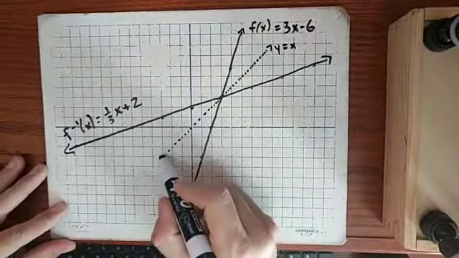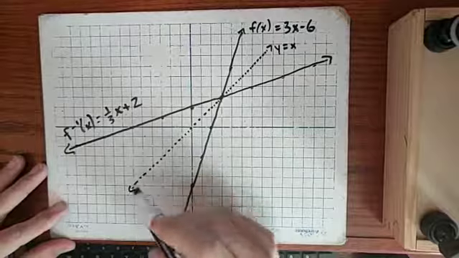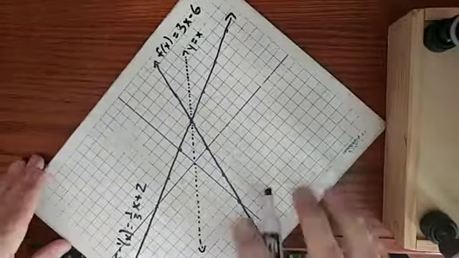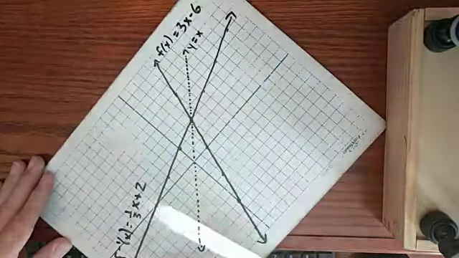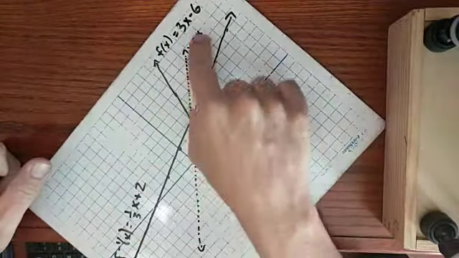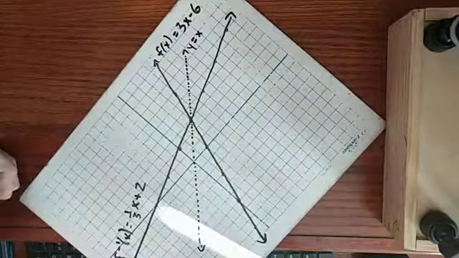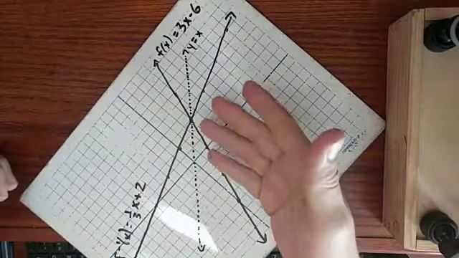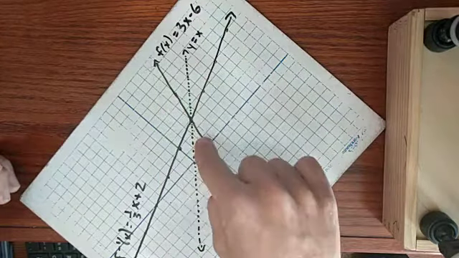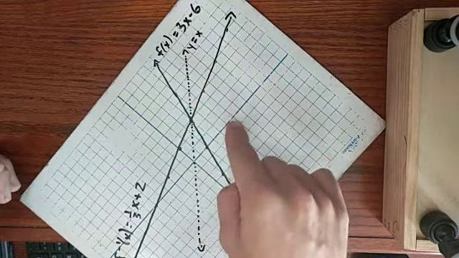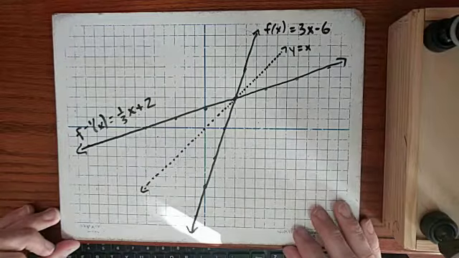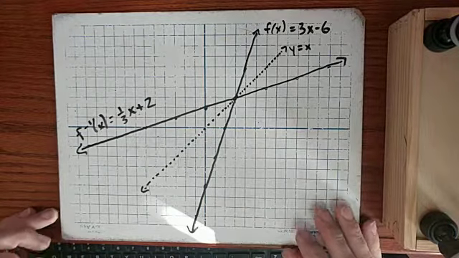So if you turn your graph a little bit, the line y equals x exactly cuts the graph in half. One graph is reflected over the line y equals x to make the other one. This means if you're given a graph of a function, you can immediately graph the inverse by taking every point and reflecting it over this line. So this is what the inverses look like graphically, okay?